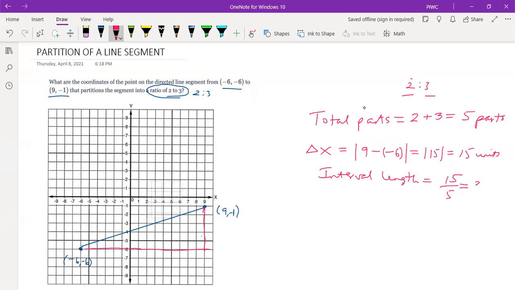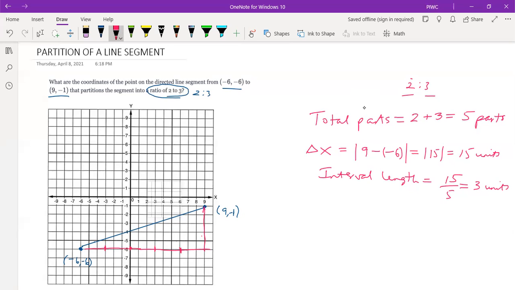So each one is 3 units long, right? So we divide 15 into 5 parts. So it's 1, 2, 3. So that is going to be here, 1 part. 1, 2, 3, 2 parts. 1, 2, 3, 3 parts. 1, 2, 3, 4 parts. And then 1, 2, 3. So we divided the horizontal into 5 parts, right?